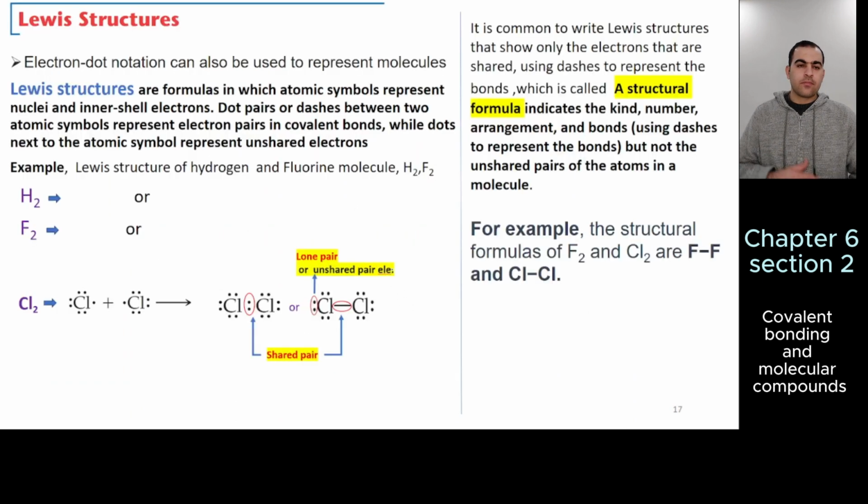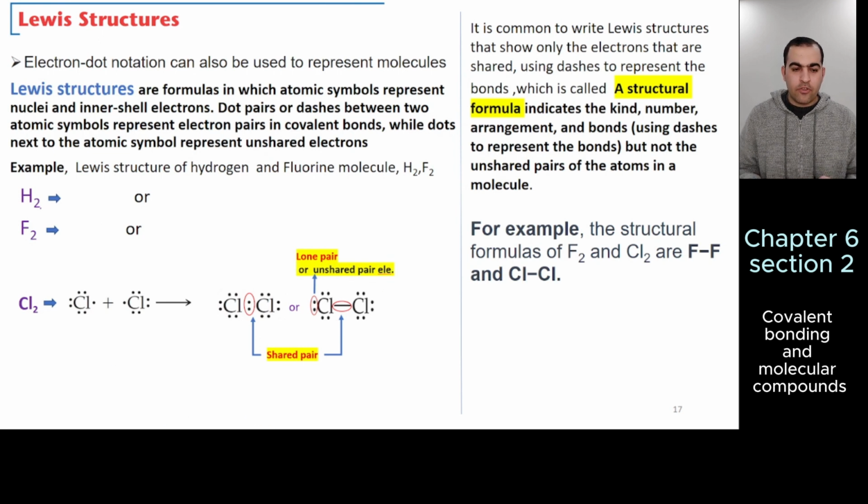We did it. Lewis structures. How are we going to write electron dot notation for molecules? Electron dot notation for molecules is called Lewis structures. What is a Lewis structure? Lewis structures are formulas in which atomic symbols represent nuclei and inner shell electrons.